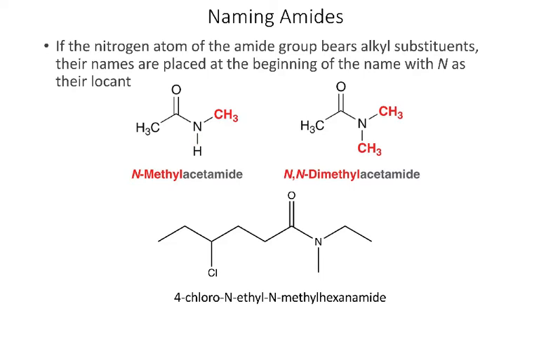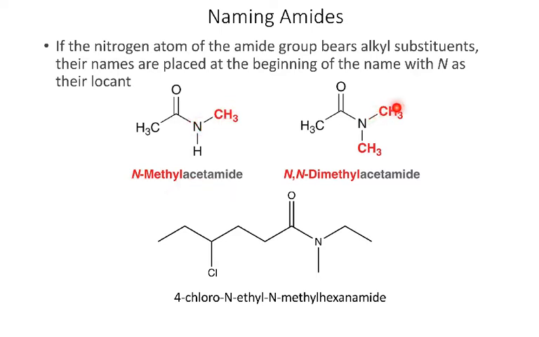In that case, we name the substituents just like we would name a substituent coming off somewhere else on the carbon chain, but as its position, rather than giving it a number that would associate it with a carbon atom, we give it the letter N. So if this was just an NH2, this would be acetamide. Because I have this methyl group coming off the nitrogen, it would be N-methyl acetamide.